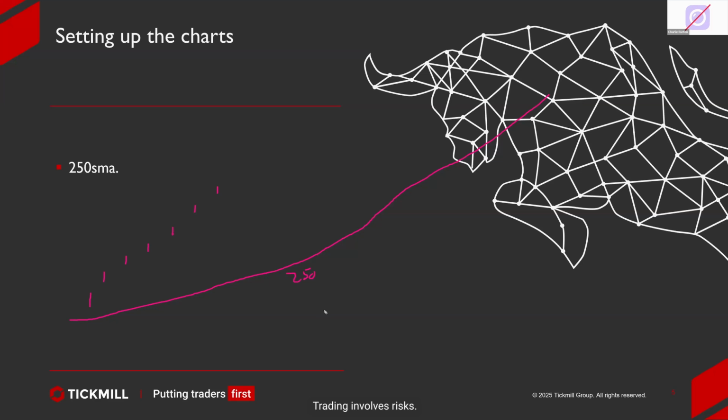I'm going to go through the nuts and bolts of my trading rules off of daily charts and also off of the 8-hour time frame. You can take all of that and have a play with it on whatever time frame you want. So one of the rules on the daily time frame is the 250 day moving average.